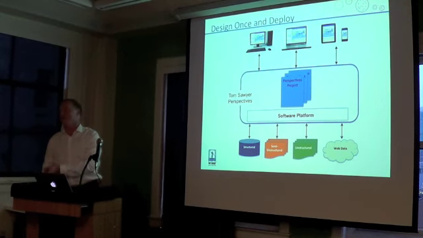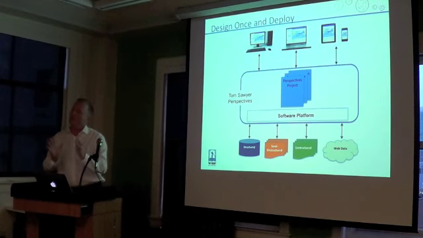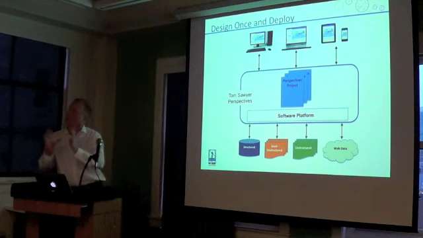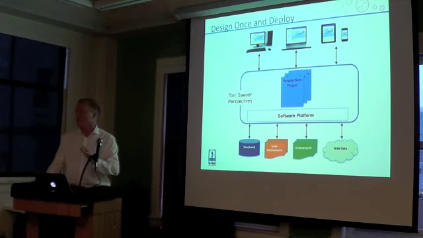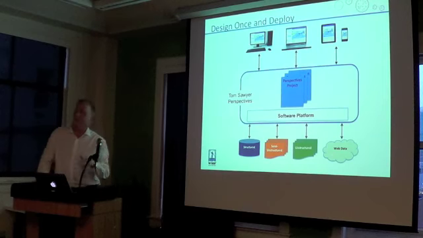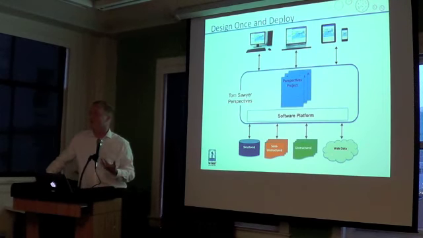Now we have new HTML5 rendering technology. So you design it once, and all the bindings to what the data model is, where the data is coming from, and what kind of views you want in your app, you do all without concern for the actual deployment.